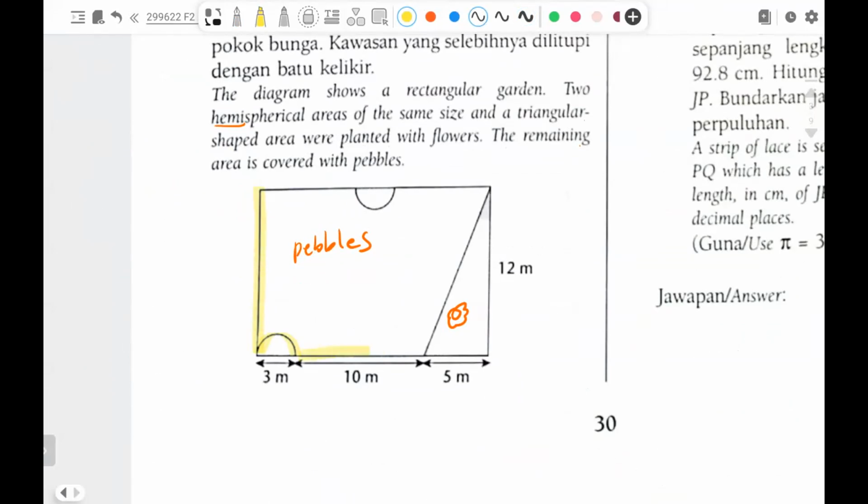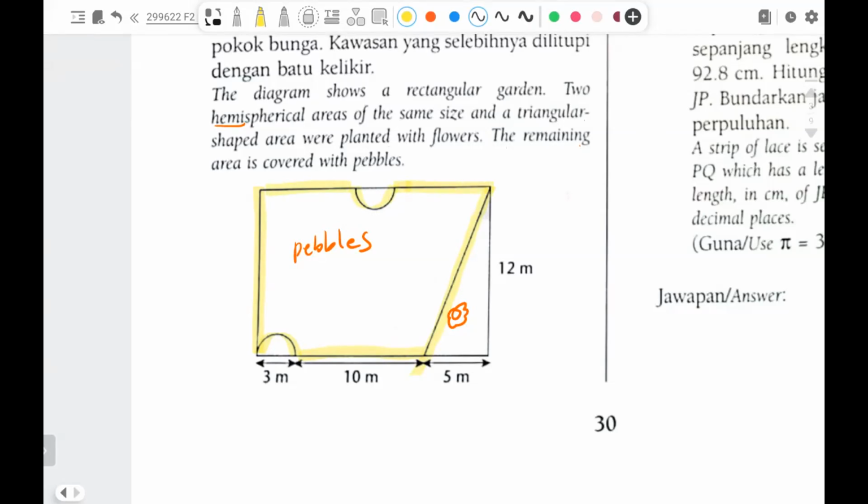Then the length here, 10 meter. Then the hypotenuse, because it's the longer side of the triangle. Then half circumference again, then another side here. You got to total up, then you will get the total perimeter.